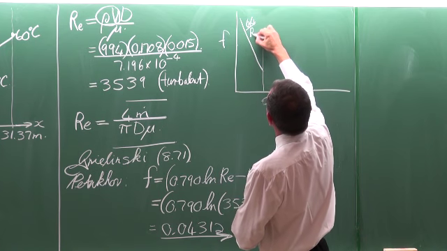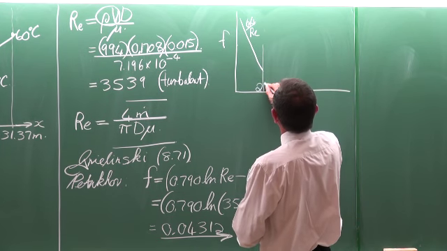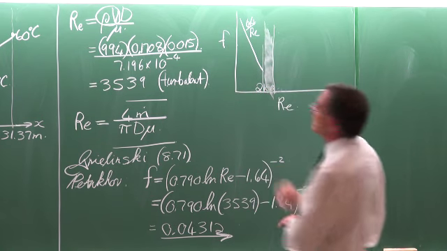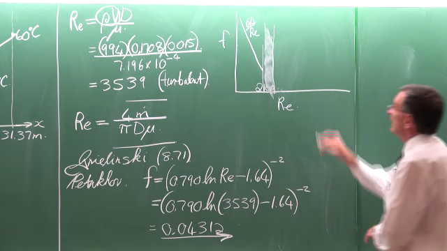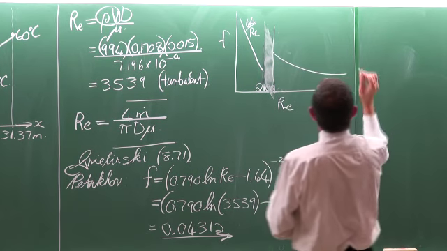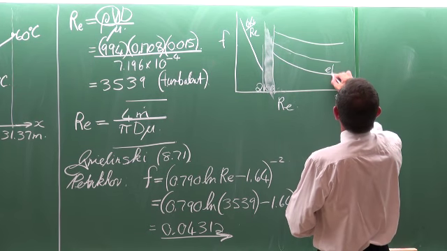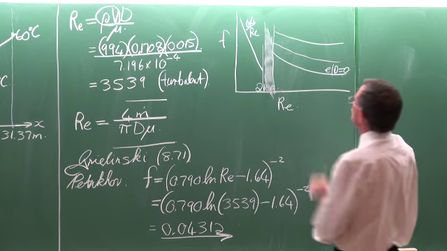which is the friction factor equal to 64 divided by the Reynolds number, for laminar flow up to about 2,100 to 2,300. Then we've got the transition region, and after that we have all the different lines, and this one is for the smooth tube.